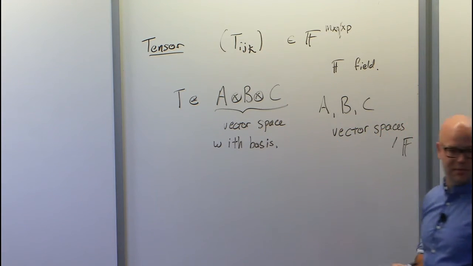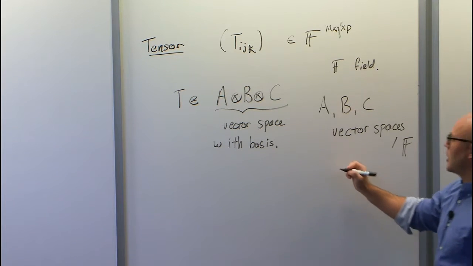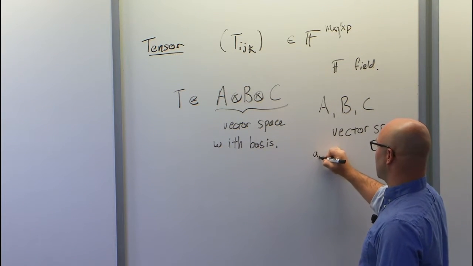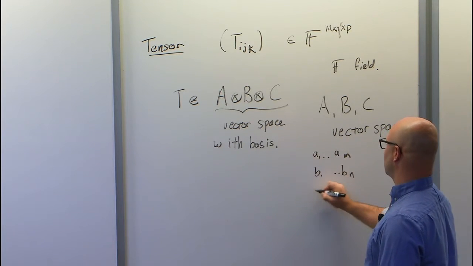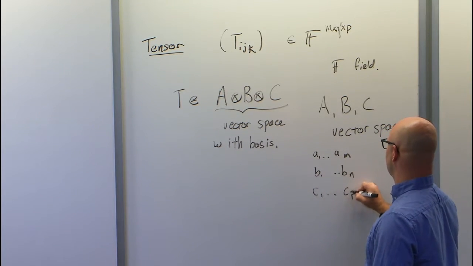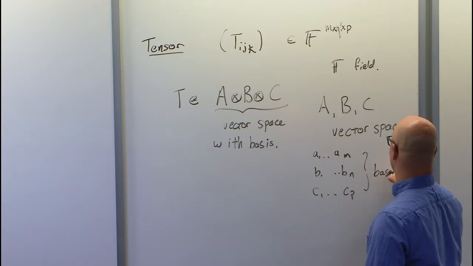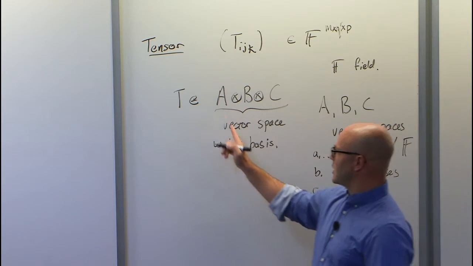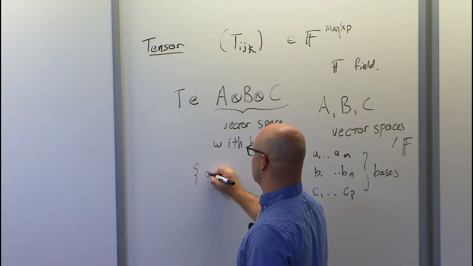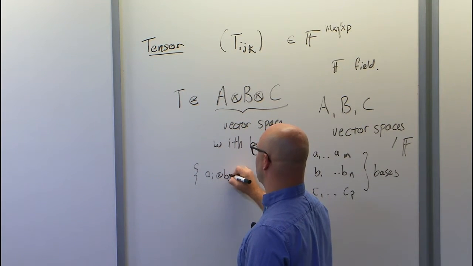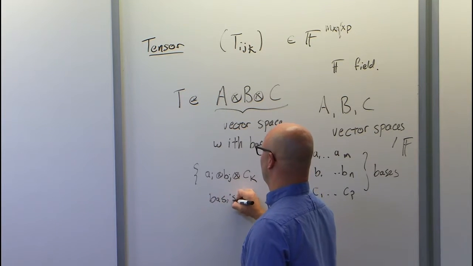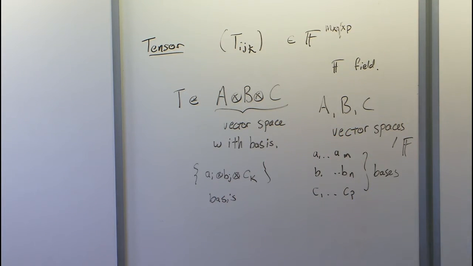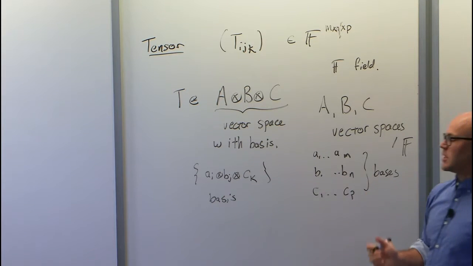Well, I need to declare the bases of my other vector spaces first, so these are going to have bases A1 to Am, B1 to Bn, and C1 to Cp. So then this tensor product space has basis Ai tensor Bj tensor Ck. Okay, so it's a big vector space, and I've declared the basis for you.